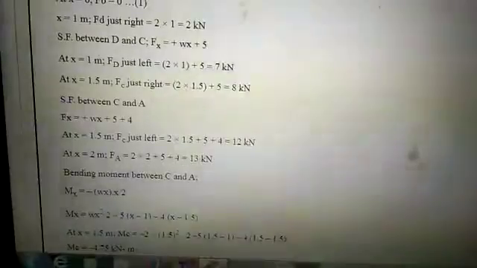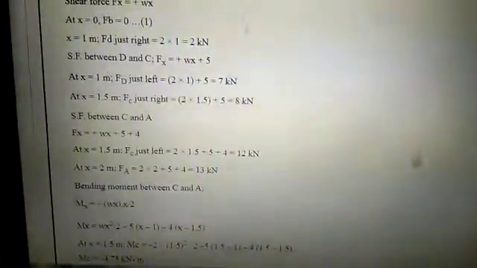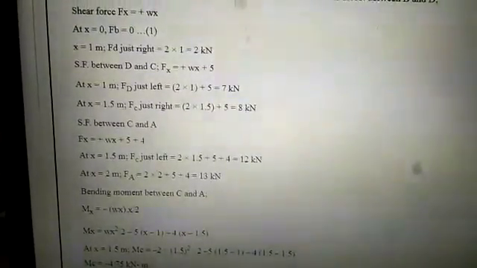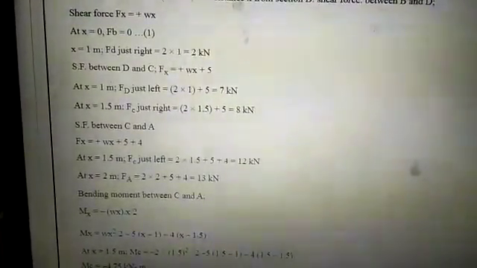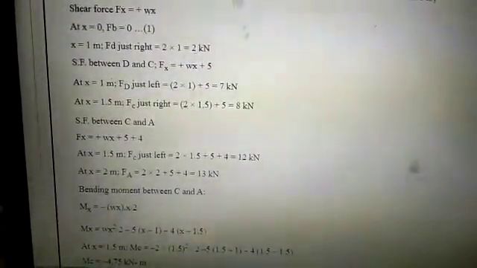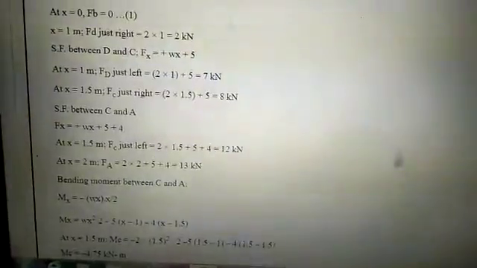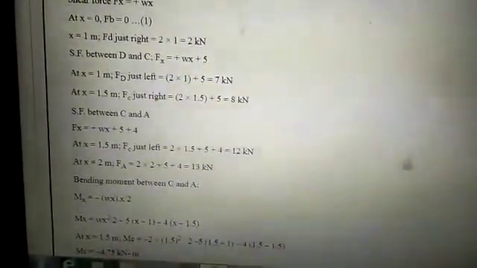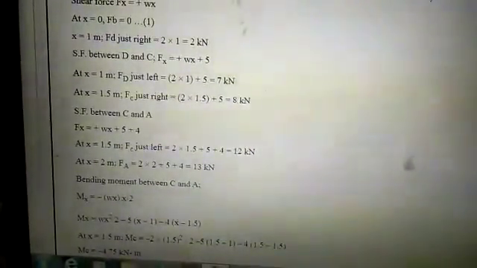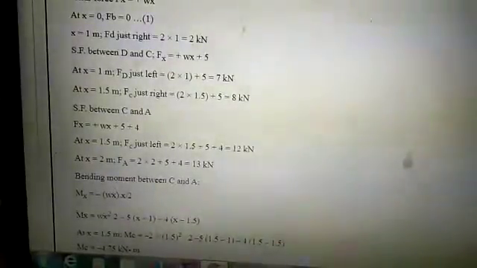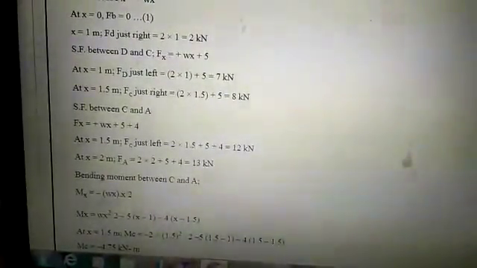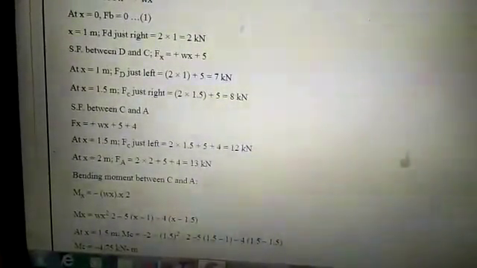It will be W into X plus 5. 5 is the point load applied at D. Now at X is equal to 1 meter, the amount of FD, just left, we will calculate it, it will be 2 into 1 plus 5, that is 7 kilonewton.